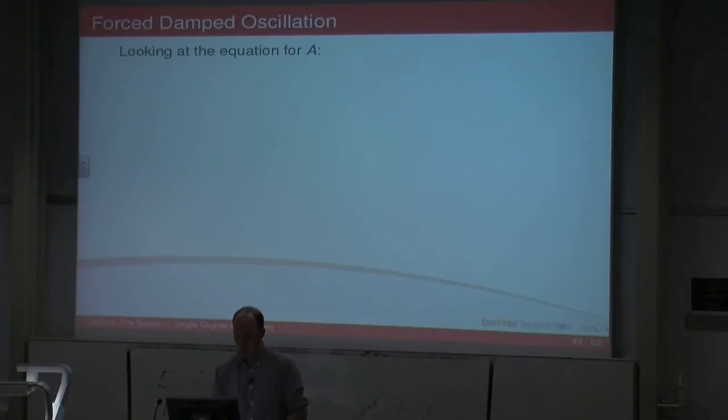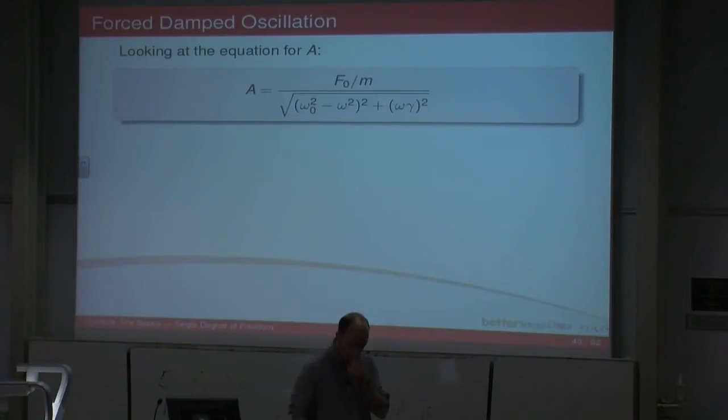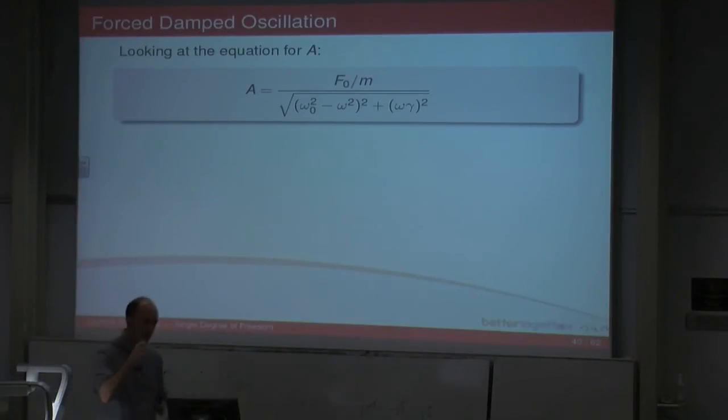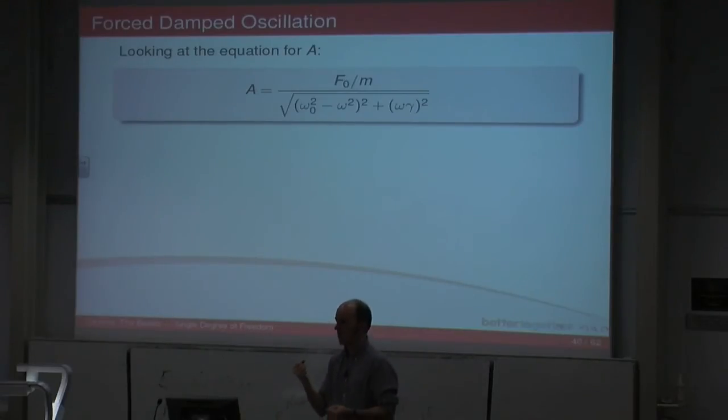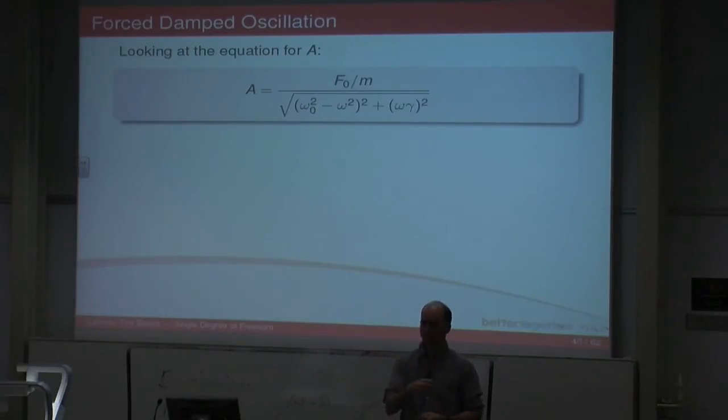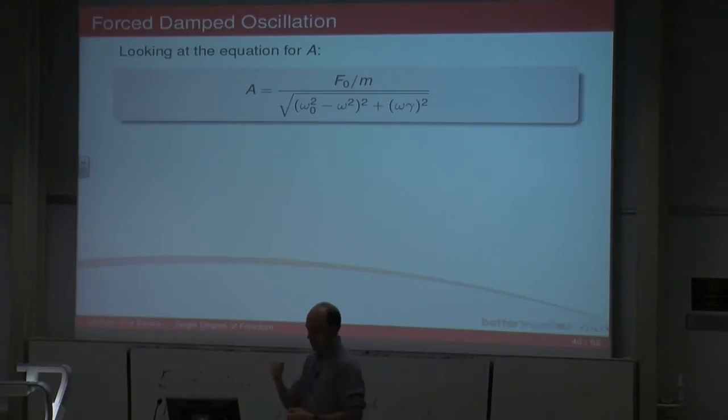Let's look at A in a bit more detail. Without looking at the equation in too much detail, let's use our intuition. What happens when omega is close to 0? Think about the system. If I'm applying a frequency of 0.000001 hertz, so very, very slow, what is the amplitude of that motion going to be?